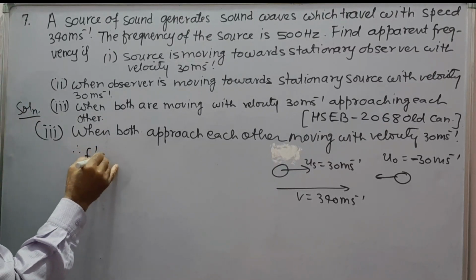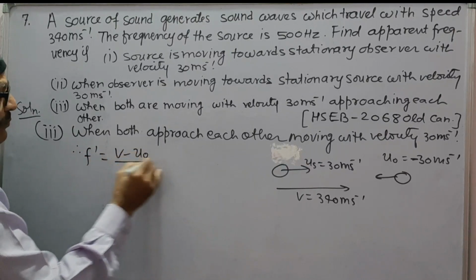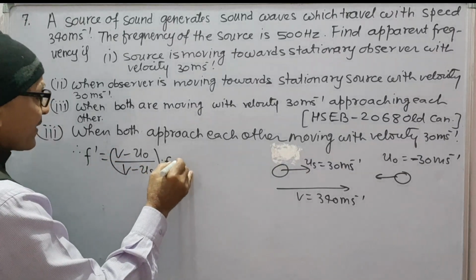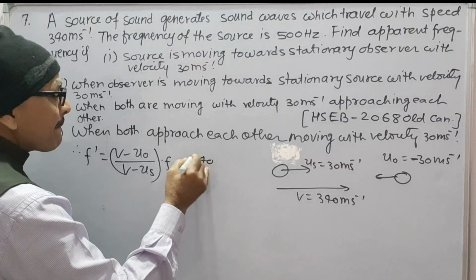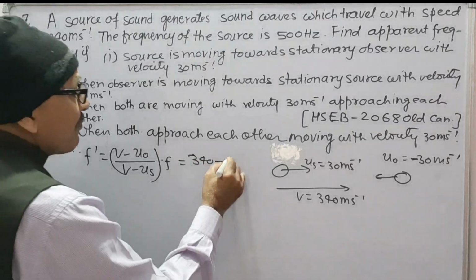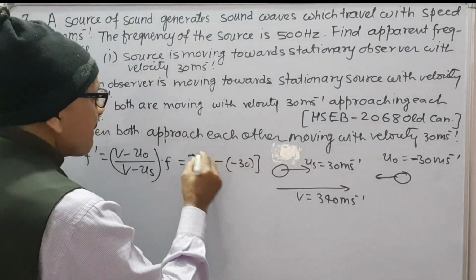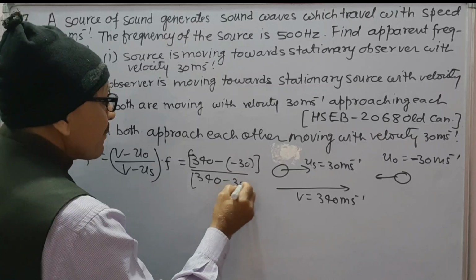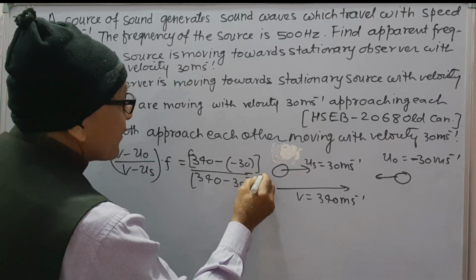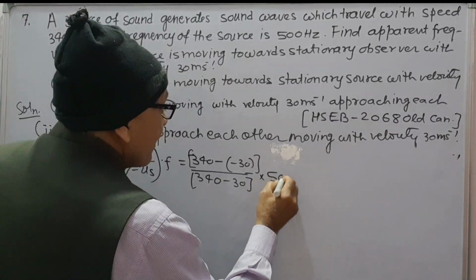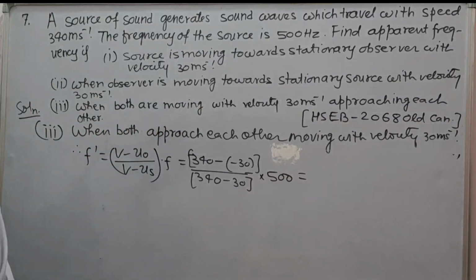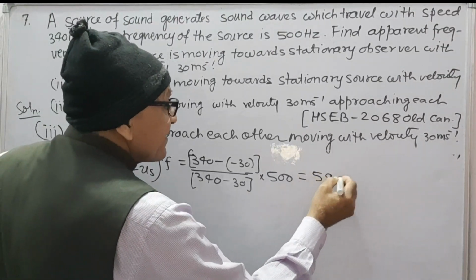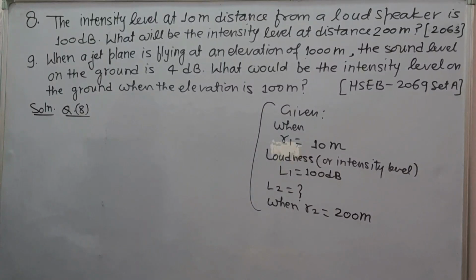Therefore, apparent frequency (v minus uo) upon (v minus us) into f gives 340 minus 30 upon 340 minus 30 into 500, which gives apparent frequency as 596 hertz.